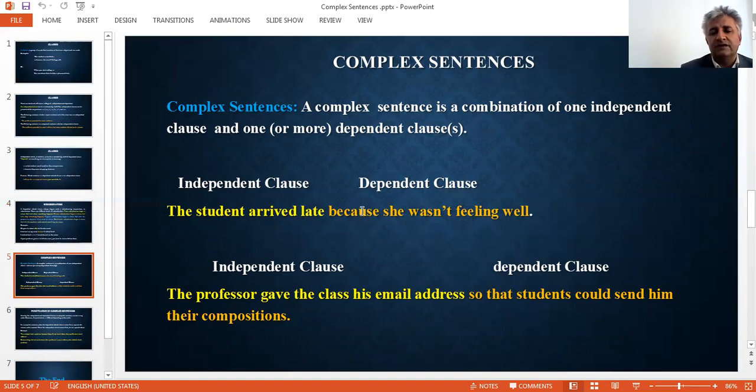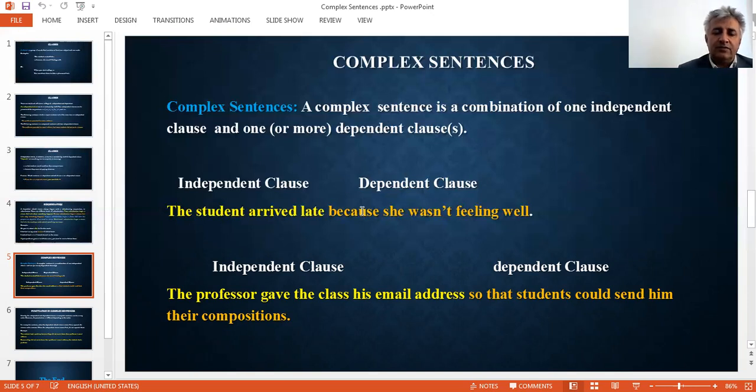If you look at these examples, you see an independent clause and a dependent clause. Altogether, they make a complex sentence. The student arrived late because she wasn't feeling well. The first clause, the student arrived late, is an independent clause. Because she wasn't feeling well is a dependent clause.